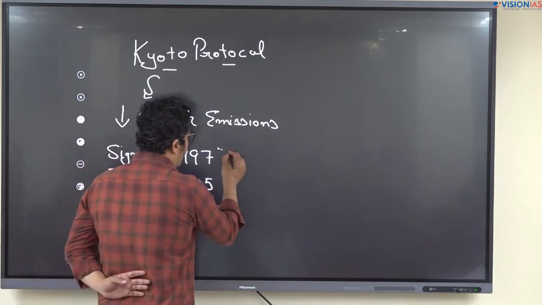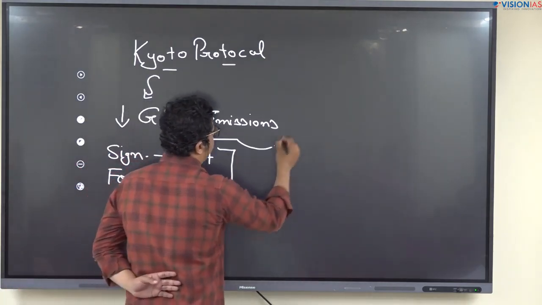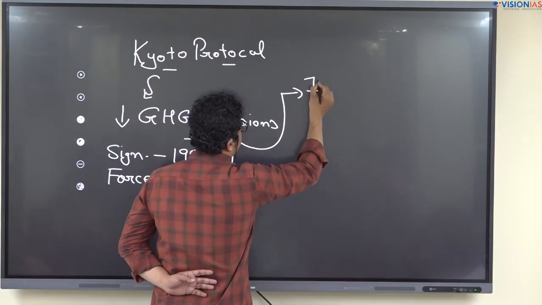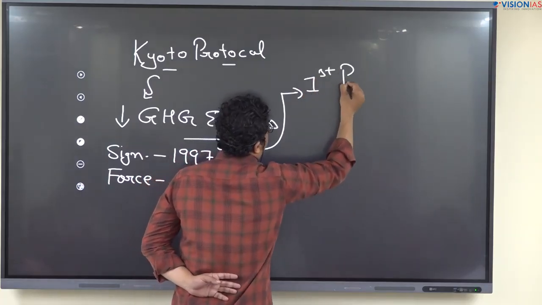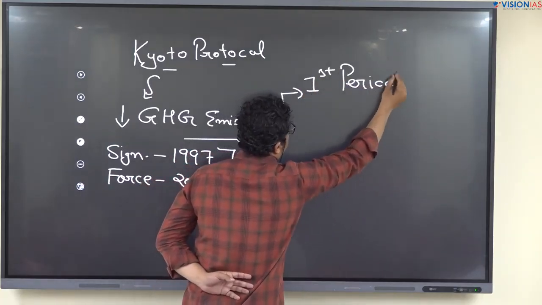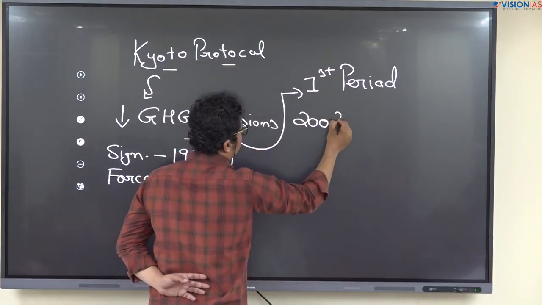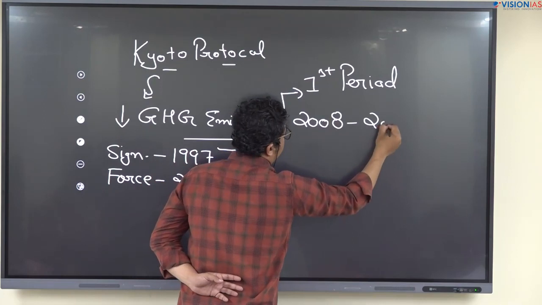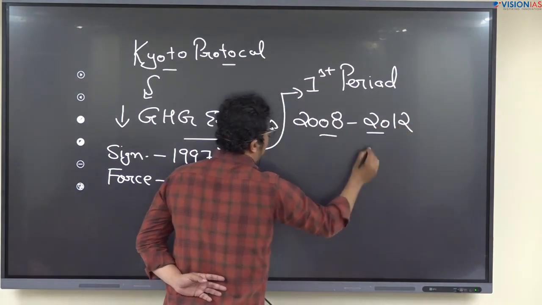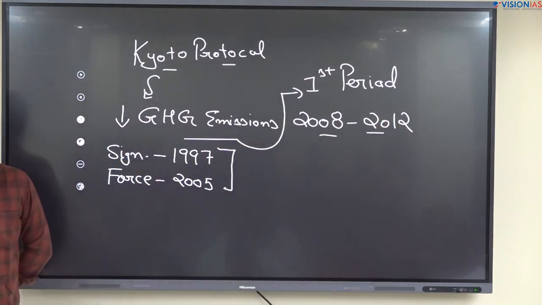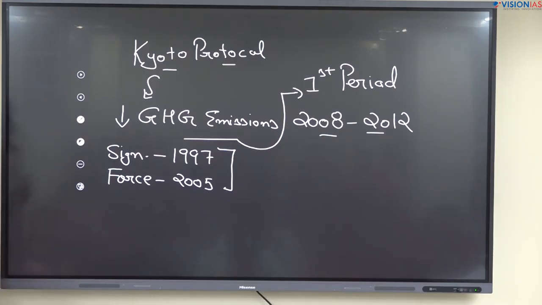When Kyoto Protocol came into force, its first commitment period was from 2008 to 2012. This was the first time Kyoto Protocol was implemented. These 5 years, Kyoto Protocol was implemented.